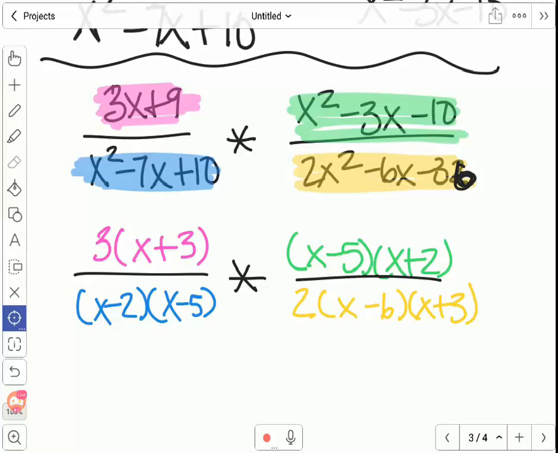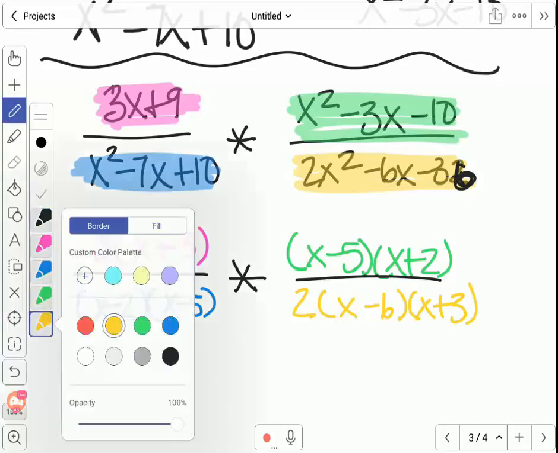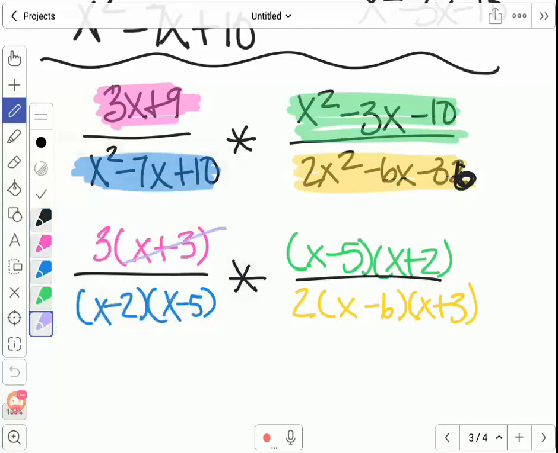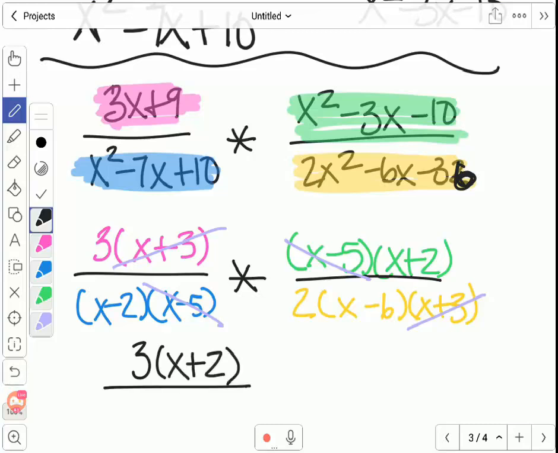So then I'm looking to see if I can cancel anything out, things that are the same in the numerator and the denominator. Well, in both of them I have an x plus 3, and I have an x minus 5. There's nothing else that's the same in both, so I can multiply this back together. So I have 3 times x plus 2 over 2 times x minus 2 times x minus 6.